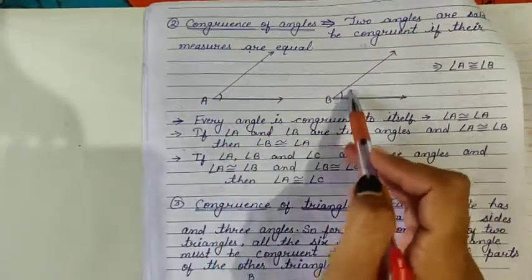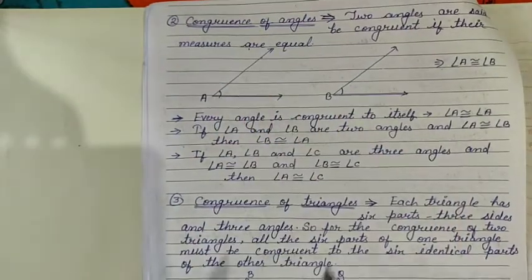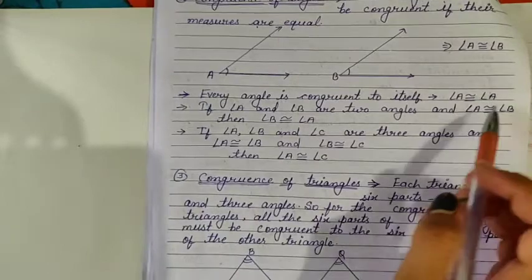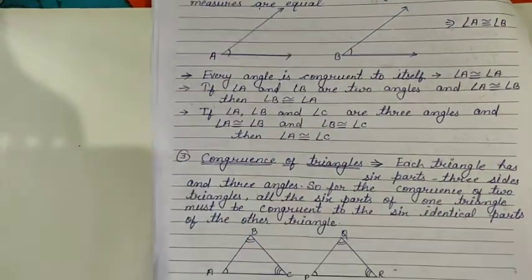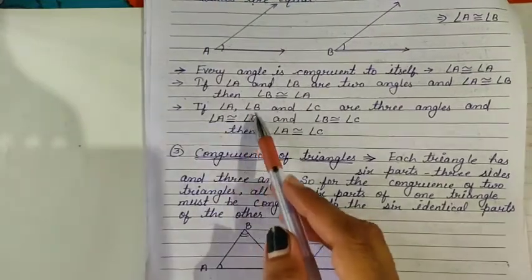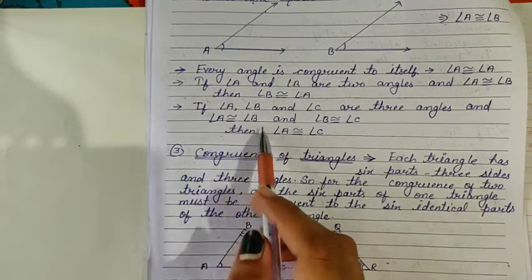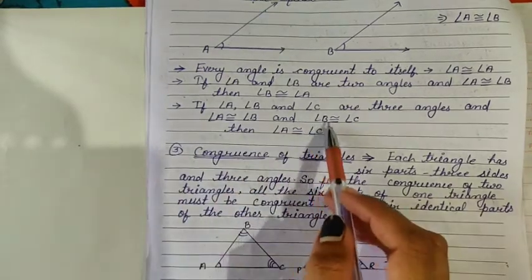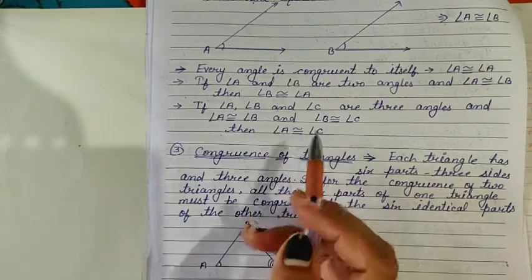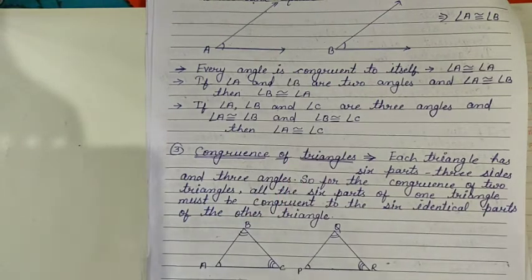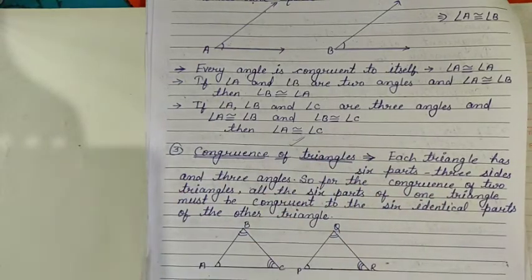So if angle A is congruent to angle B, then angle B is congruent to angle A. If angle A, angle B and angle C are three angles, and angle A is congruent to angle B and angle B is congruent to angle C, then angle A is also congruent to angle C. This is the same condition as congruence of line segments.